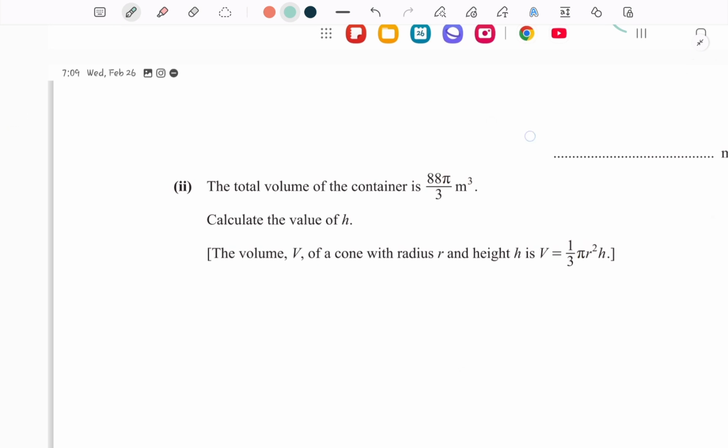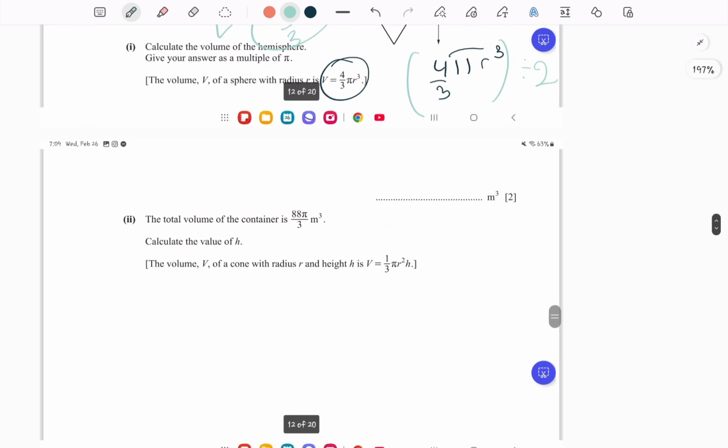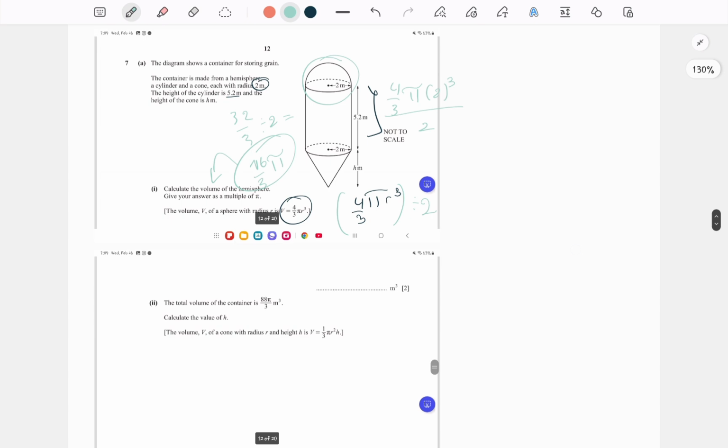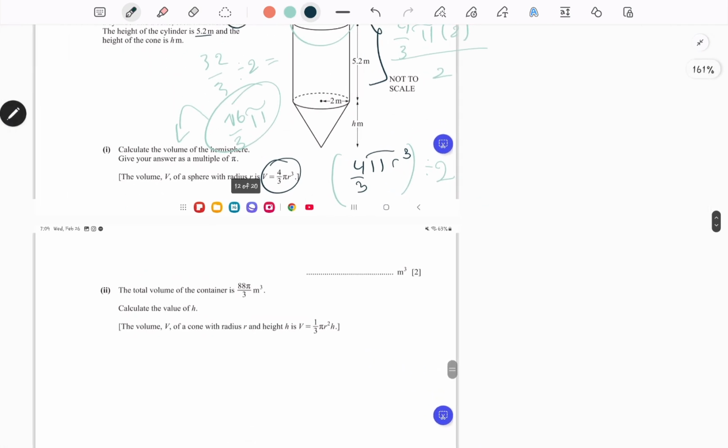In part 2, they said the total volume of the container is 88 pi over 3 meters cubed. They need us to calculate the value of the height h. What we need to know first of all is that the volume of the hemisphere we already found.